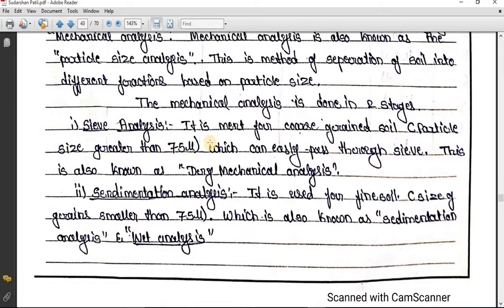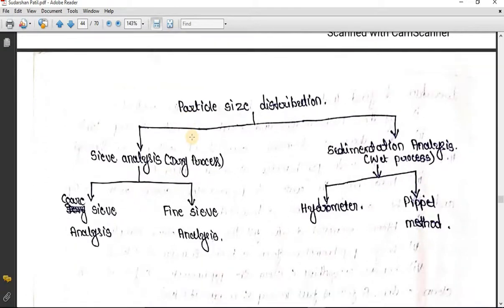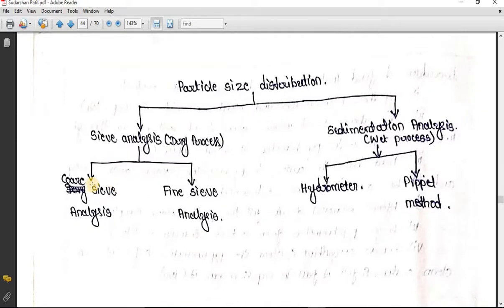It might range from 75 micron to 4.75 mm or else more than 4.75 mm. If it is more than 4.75 mm, we are going to perform coarse sieve analysis. If it is between 75 micron and 4.75 mm, we are going to perform fine sieve analysis.